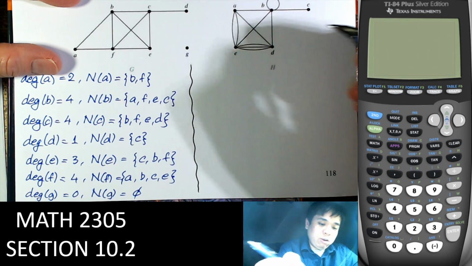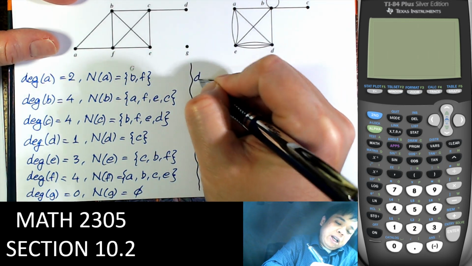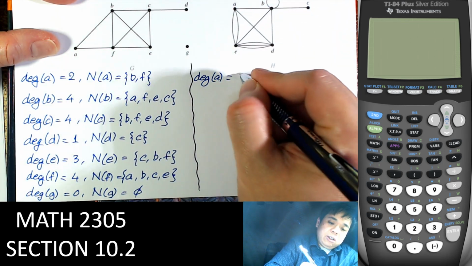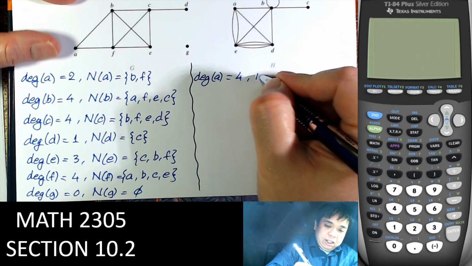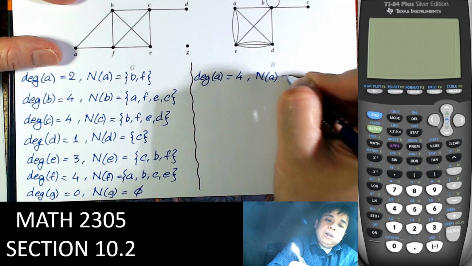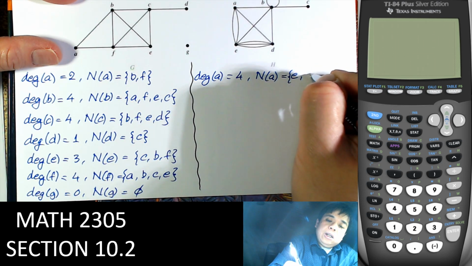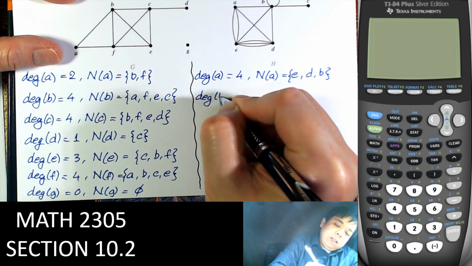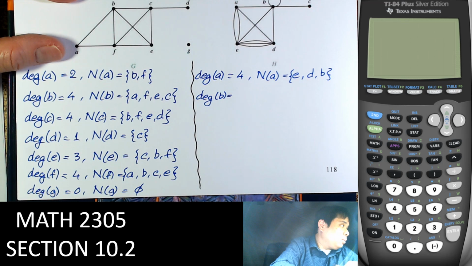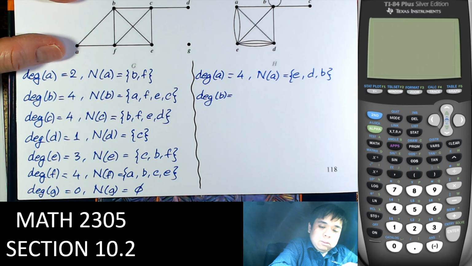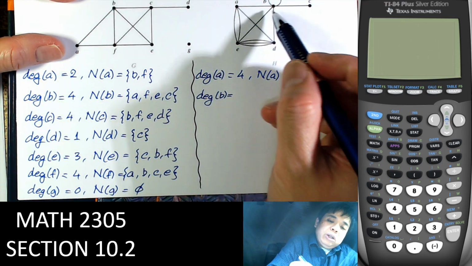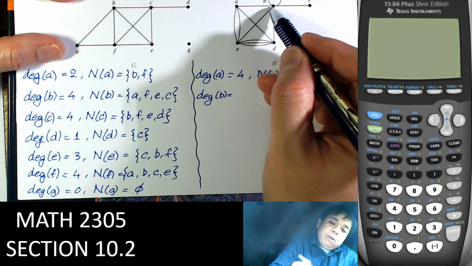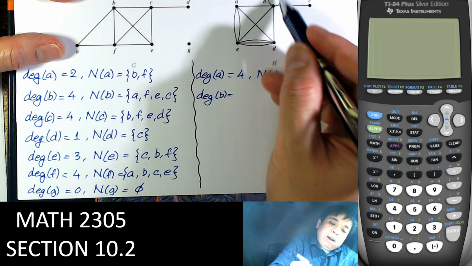Now we're going on to this graph. Degree of A: 1, 2, 3, and 4. Neighborhood of A: E, D, and B. Degree of B: 1, 2, 3, and 4, and itself, so 1, 2, 3, 4, 5, 6.